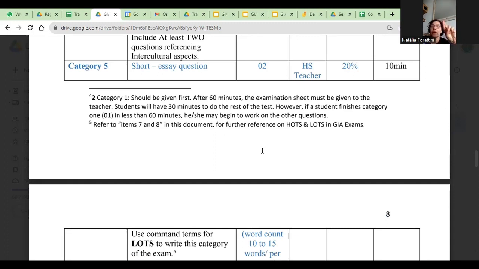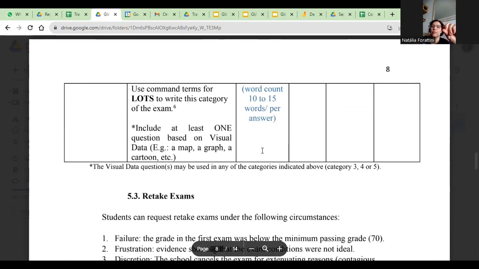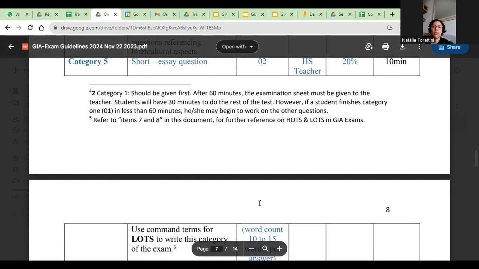And the second question is concerning the time, because there is a note at the end of this table, right? Category 1 should be given first, after 60 minutes you have to give the other one. So could you tell us a little bit about that, please?